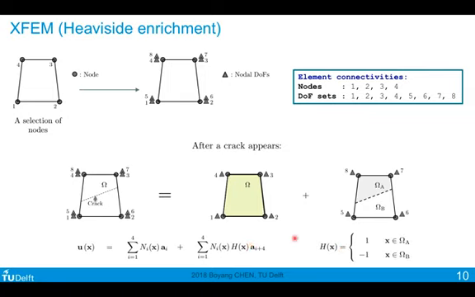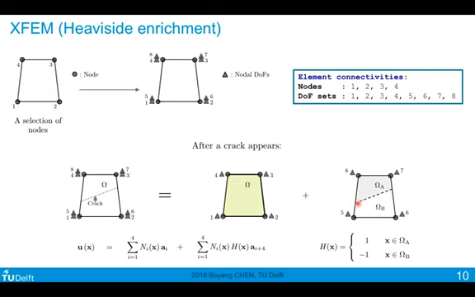Now this h is simply a step function. It equals 1 when your material point lies within one domain, above the crack, for instance, and equals -1 when it's below the crack. So this way we can make use of this interpolation function to represent a displacement discontinuity across the crack surface.